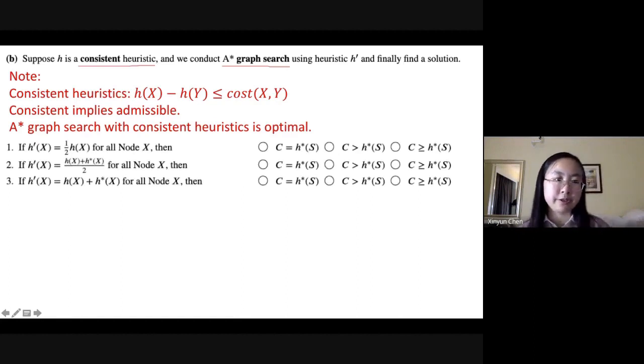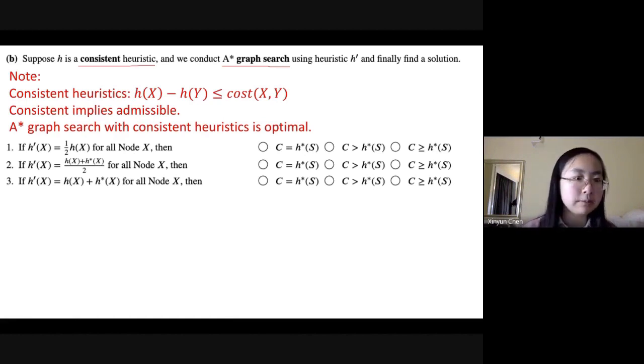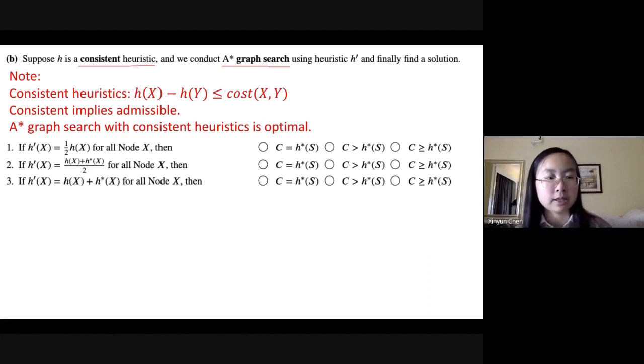Okay, so for this subproblem, the conditions are the same as the previous subpart, but this time we are asking whether h prime are still consistent heuristics under all these different conditions.